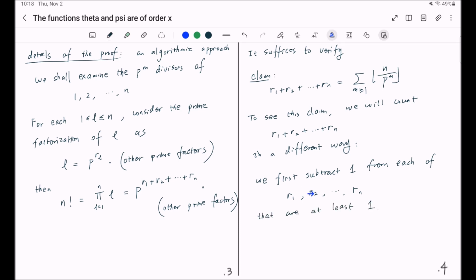Namely, if some r sub i is 0, we will leave it alone. Otherwise, it is at least 1, and we will subtract 1 from them. Now let me ask the audience a question. So how many of r1 through rn are at least 1?